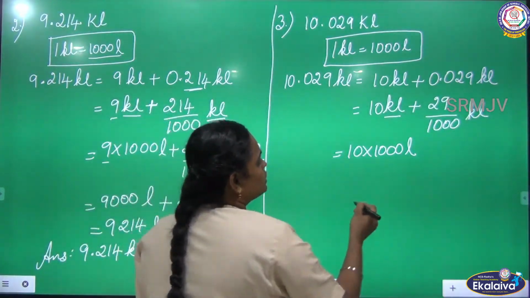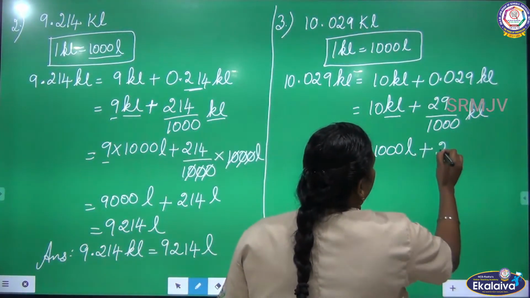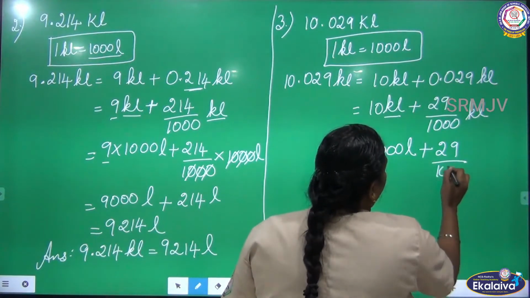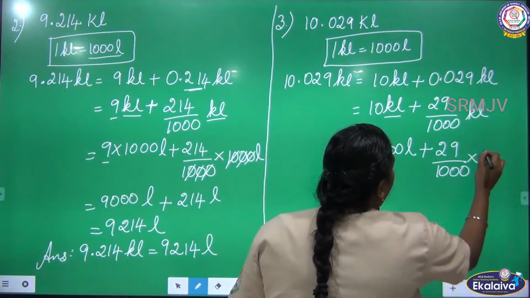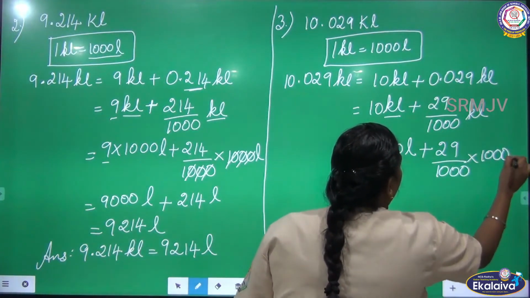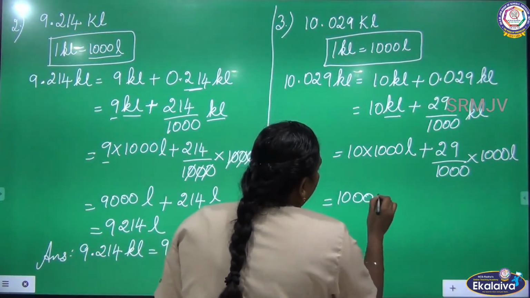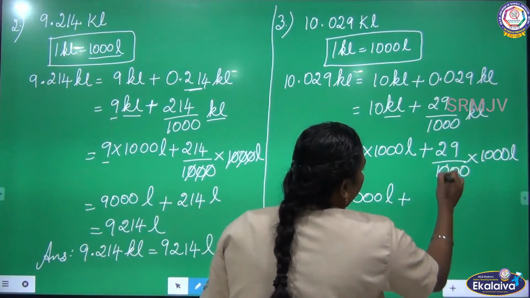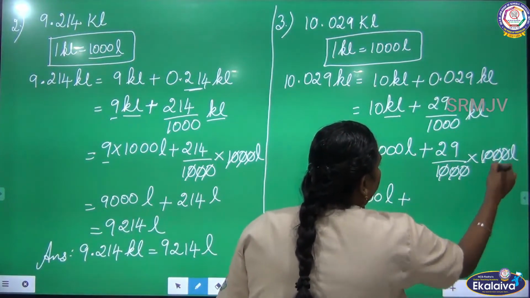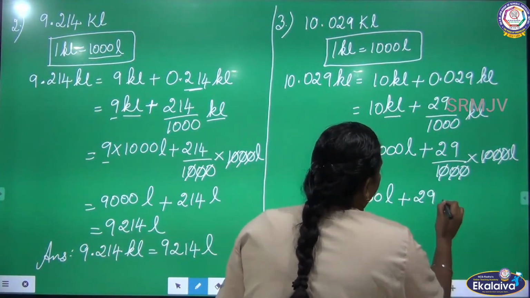So 10 kiloliter equal to 10 into 1000 liter because 1 kiloliter equal to 1000 liter. So 10 kiloliter equal to 10 into 1000. So 29 by 1000 into 1000 liter. So 10 into 1000, 10,000 liter plus we will cancel this, plus 29 liter.